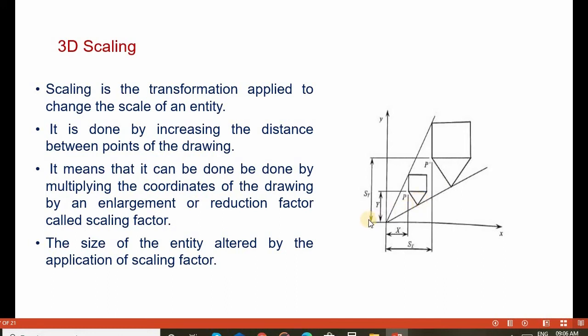By multiplying by scaling factors such as Sx and Sy. Here Sx and Sy act as scaling factors, converting the original image into the enlarged image. Similarly, by multiplying by scaling factors, we can also reduce the size.